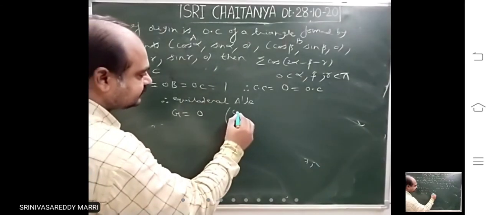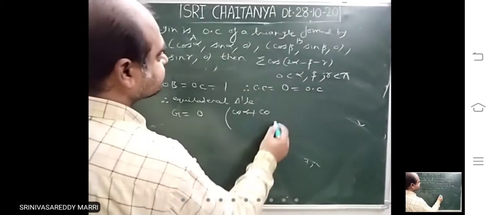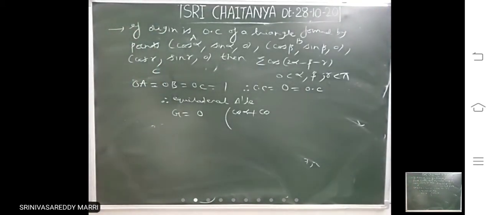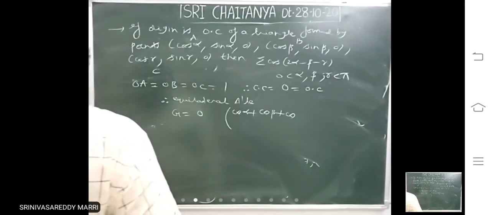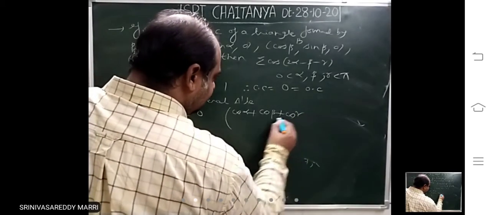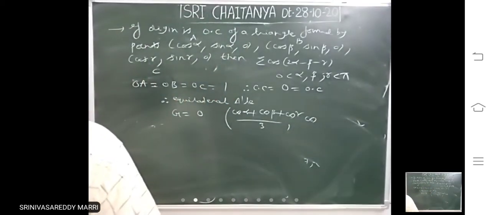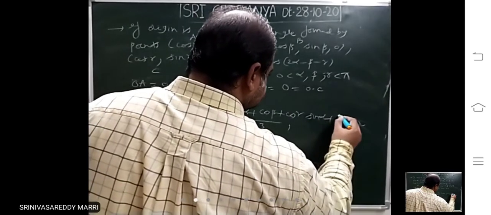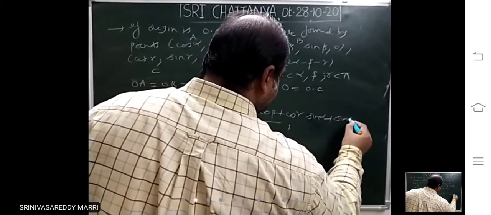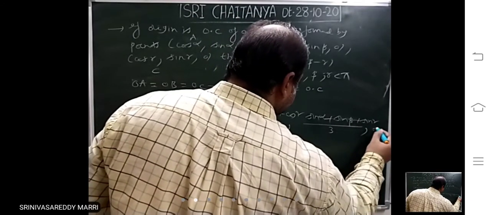Centroid is origin means you can easily calculate: (cos alpha plus cos beta plus cos gamma) divided by 3, comma, (sin alpha plus sin beta plus sin gamma) divided by 3, comma 0.